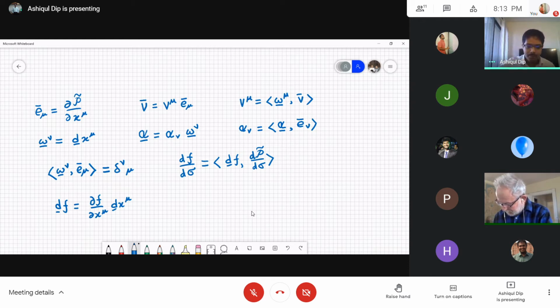But you need to remember one thing: mathematicians won't write these lower bars or do boldface, but physicists do that, and MTW does that. So the gravitation text doesn't distinguish between vector objects and one form objects.